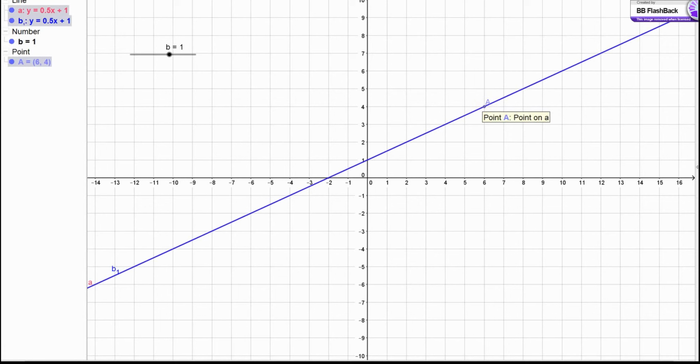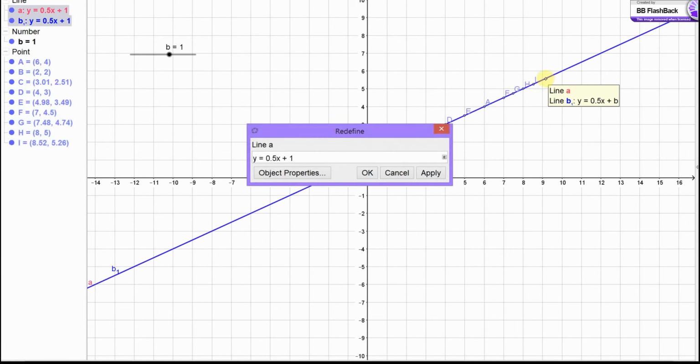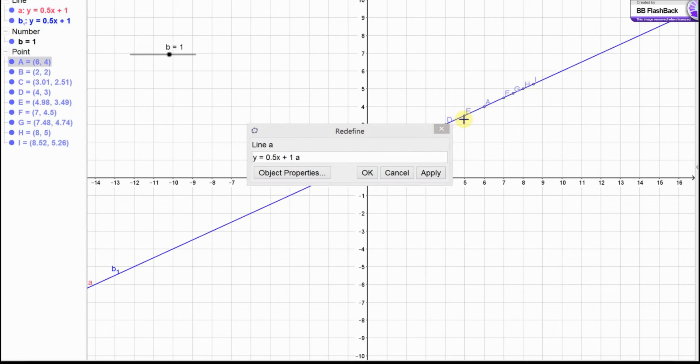Well, that's a point of intersection. 6, 4, and that's a point of intersection. 2, 2, and well, that's a point of intersection, and that's a point of intersection, and that one, and that one, and I think maybe it's starting to get mad at me.